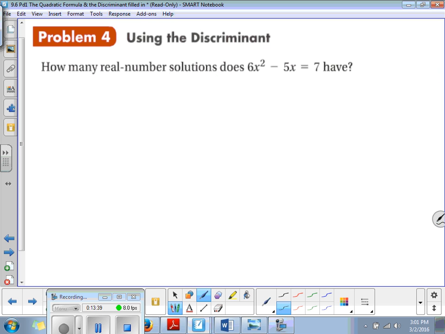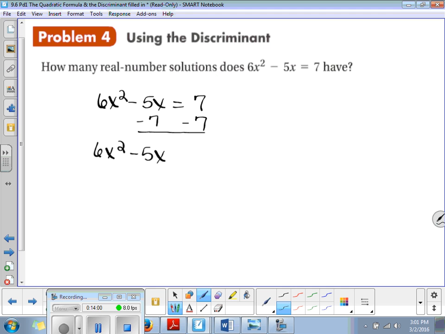All right, so we've got 6x squared minus 5x is equal to 7. Now remember, before we use the quadratic equation, it has to be set equal to 0. Okay, so we're going to subtract 7 on both sides. We get 6x squared minus 5x minus 7 is equal to 0.